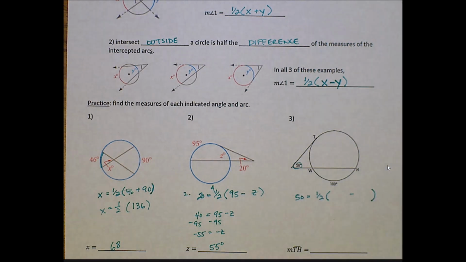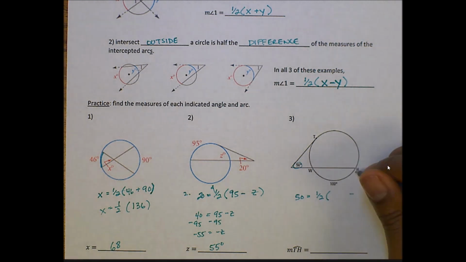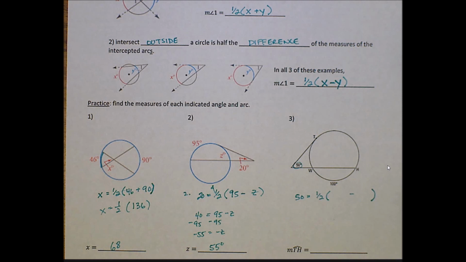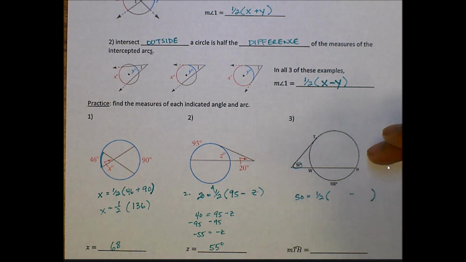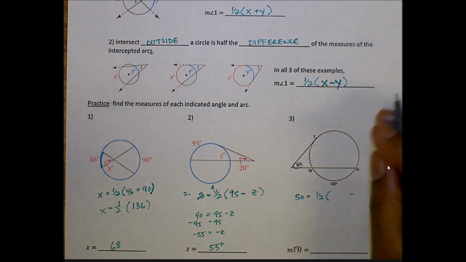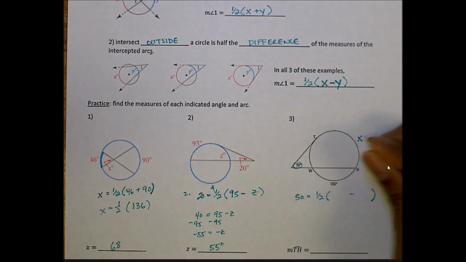So here's how you can do this problem. Notice that they told us that the arc WH is 100 degrees. So we know that between TW and TH there should be 260 degrees. We don't know how that's split up, but we know between the two it should be 260 degrees. So I'm going to call TH x.